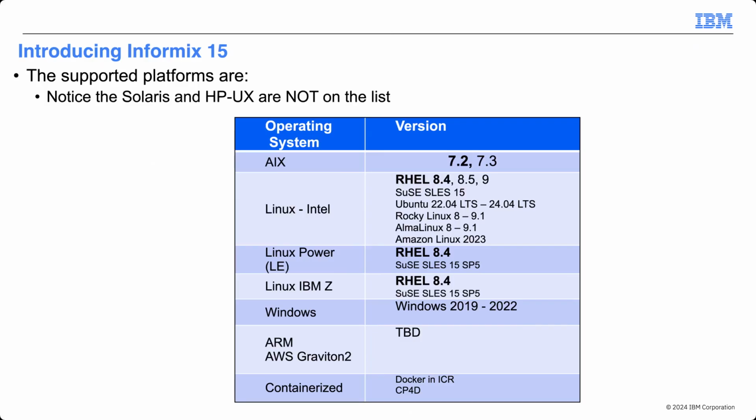Now, Windows, I don't have what the build platform is, because Windows is not available at this time. Windows will be following in a month or so, and we'll know by then what the build platform is going to be. So for those of you who are looking to move to 15, these are the OSs that you'll be able to run with it.